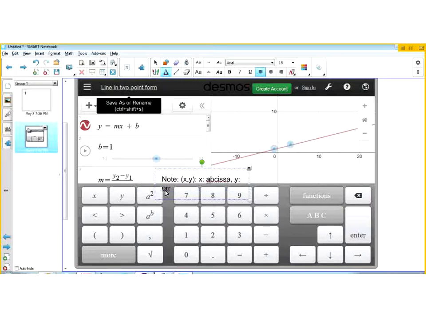And y is called the ordinate. Okay? So when we express the equation of a line in slope-intercept form, the quantity b is the ordinate of the y-intercept.